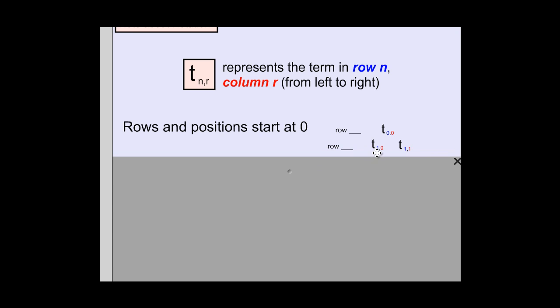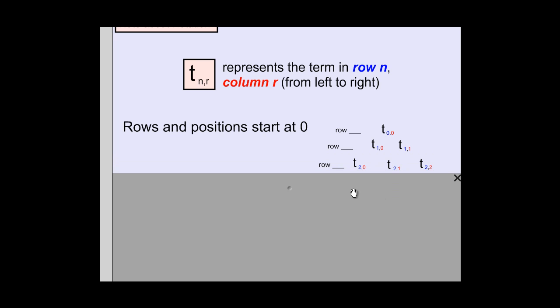This just continues as we see our triangle. Term 1, 0 is the first row, 0th column, and then this next one is the first row again, and then the first column. And this labeling repeats. Here you would have term 2, 0, 2, 1, and 2, 2.